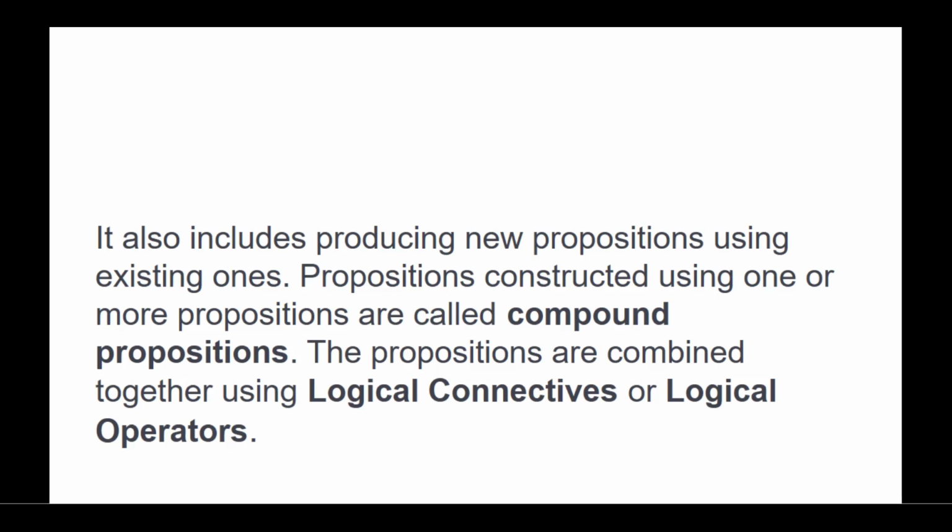Here we have two propositions, and we join them by the word and. So that is a compound proposition. The propositions are combined using logical connectives, and here and is a logical connective or logical operator.